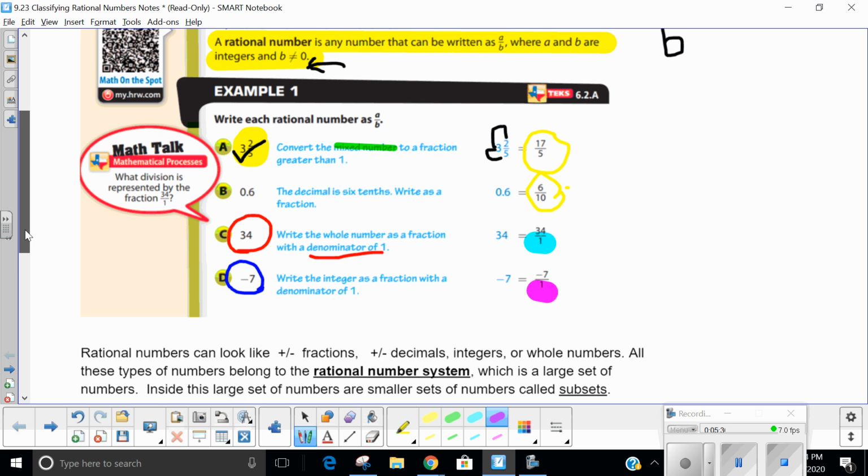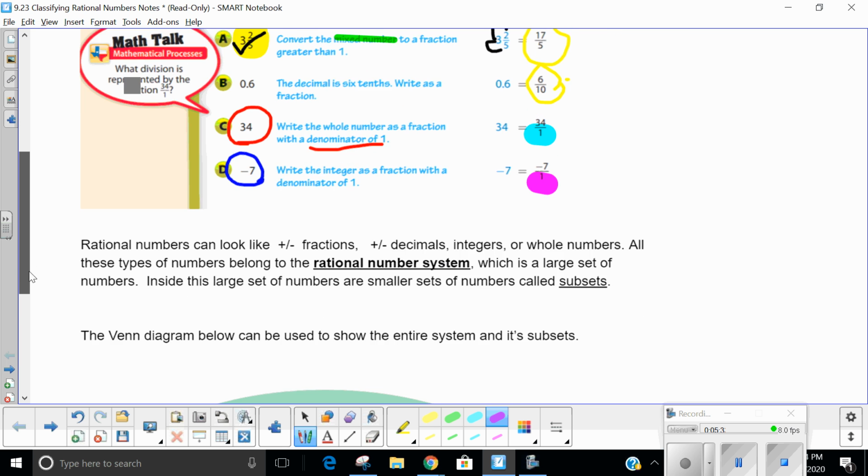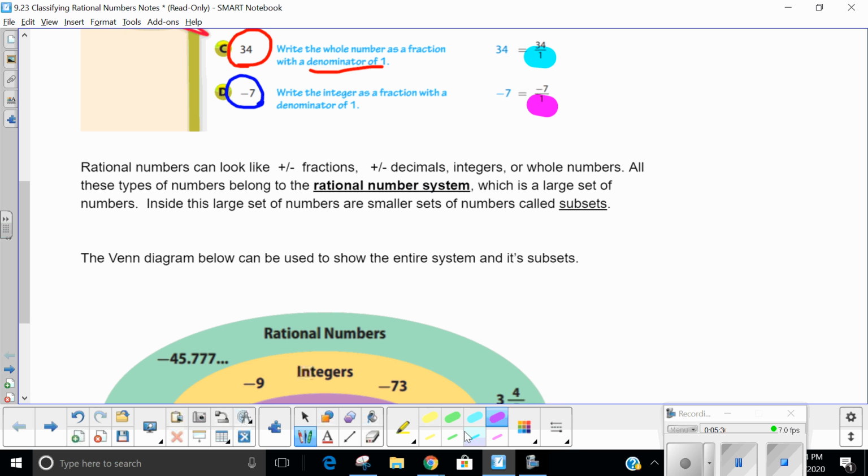So let's talk about what rational numbers can look like. Rational numbers can look like positive and negative fractions. So if we have a fraction, it can be both positive or negative, and it would be a rational number.